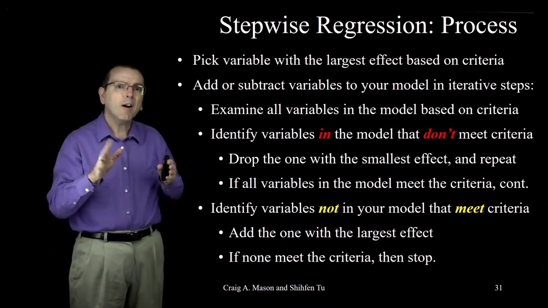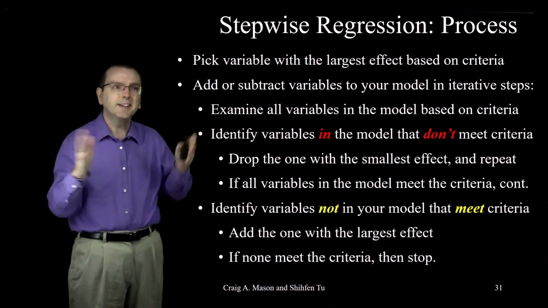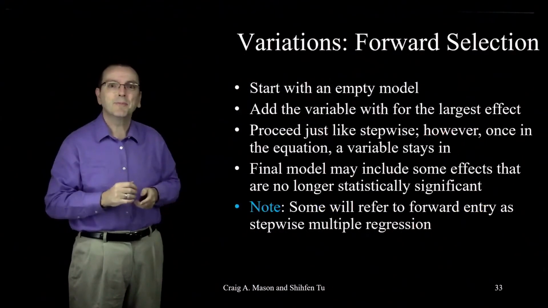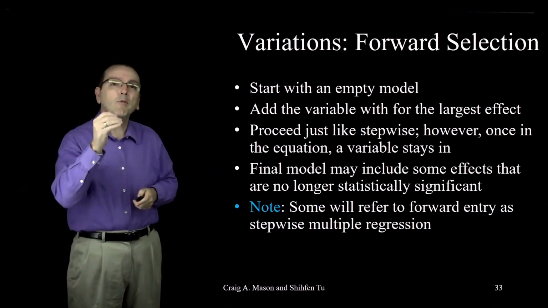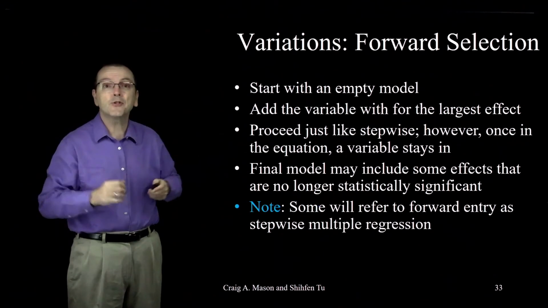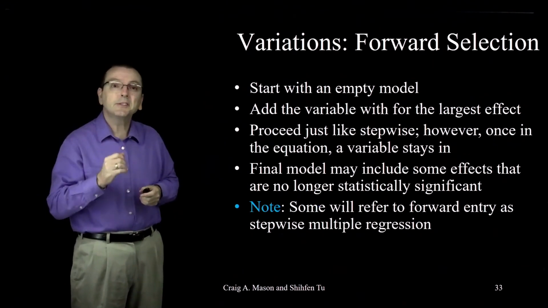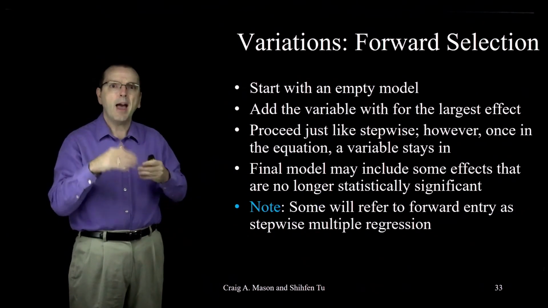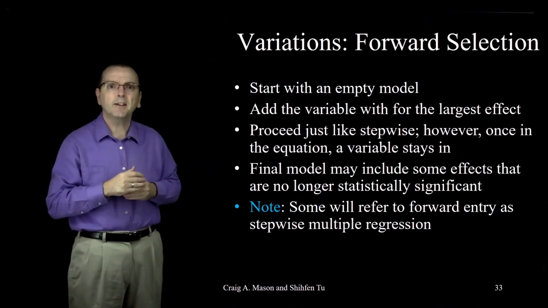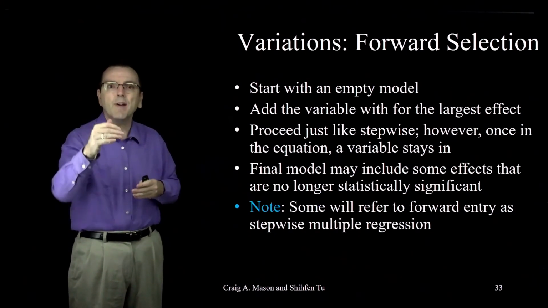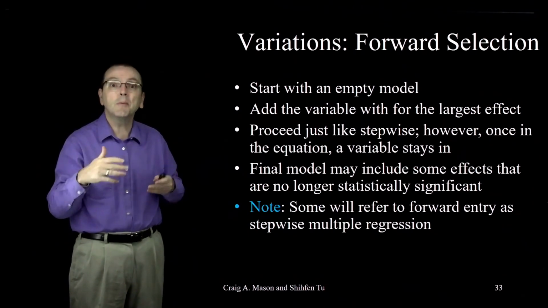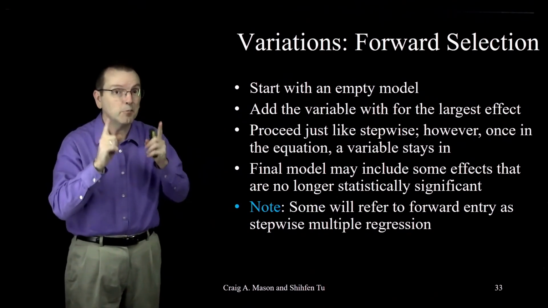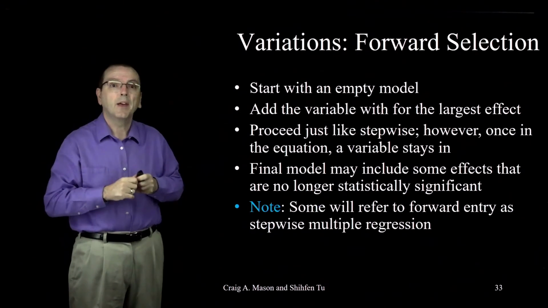Now, there are other variations on this in and out approach. One is what's called forward selection or forward entry. It's similar to stepwise in that we start with an empty model and add the variable with the largest effect, and then keep adding new variables that have the largest remaining effect and that meet our entry criteria.